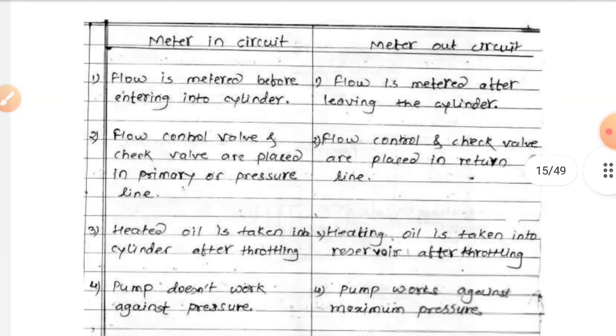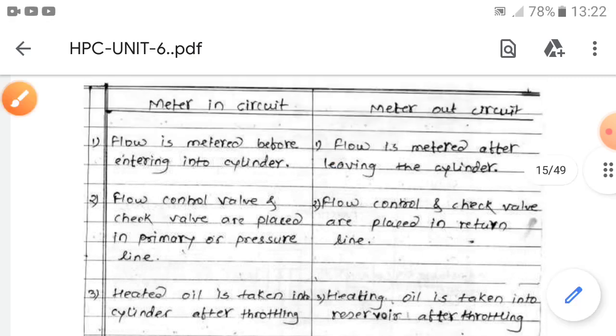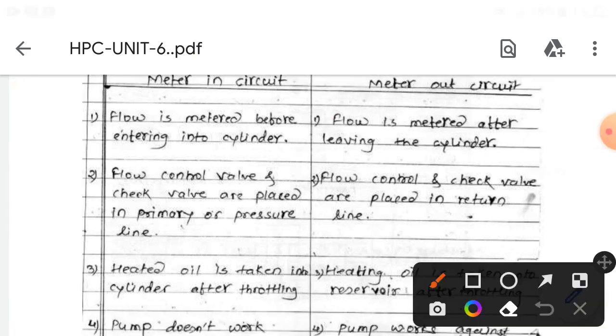In a meter in circuit, the first point is flow is metered before entering into the cylinder, and in a meter out circuit, flow is metered after leaving the cylinder. Second, the flow control valve and check valve are placed in the primary or pressure line.